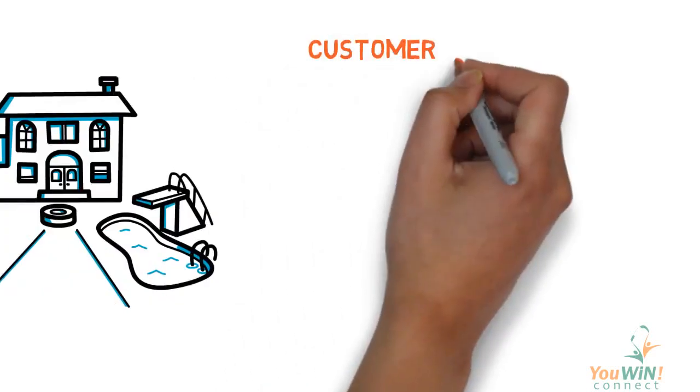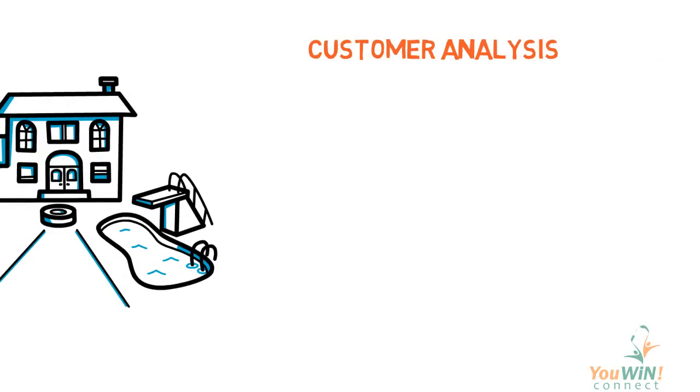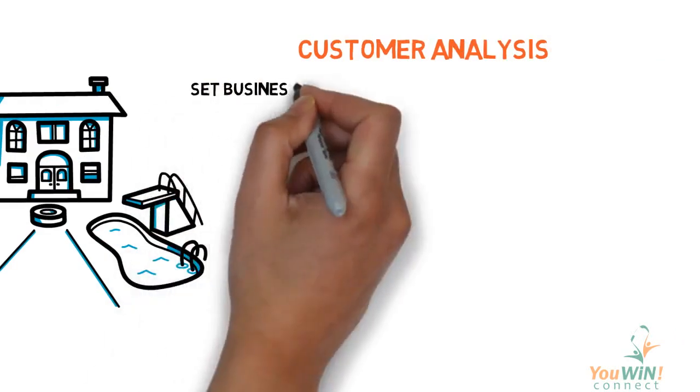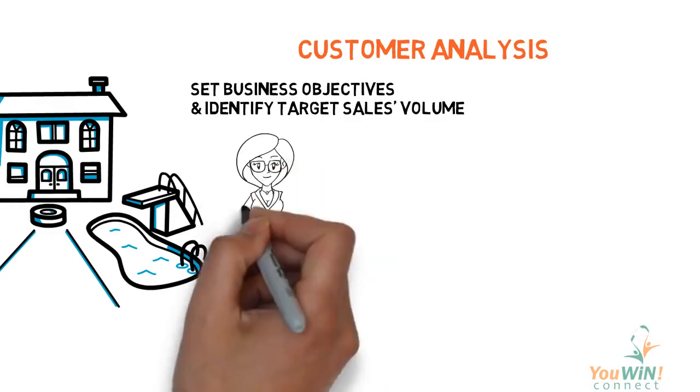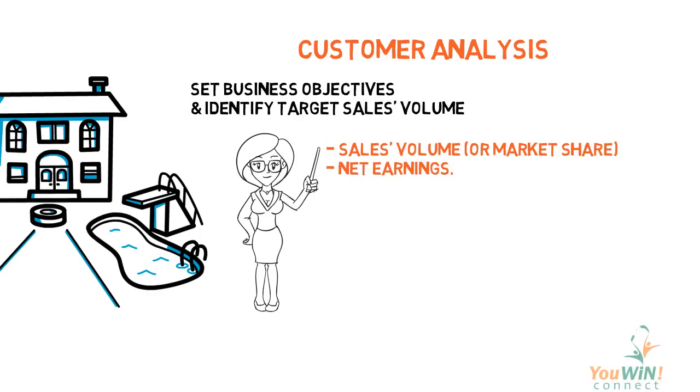So, customer analysis, what does it help us to do? It helps us to set objectives and identify our target sales volumes. The two most common objectives of an enterprise are sales volume or market share, and net earnings, which in other parlance is called profits.